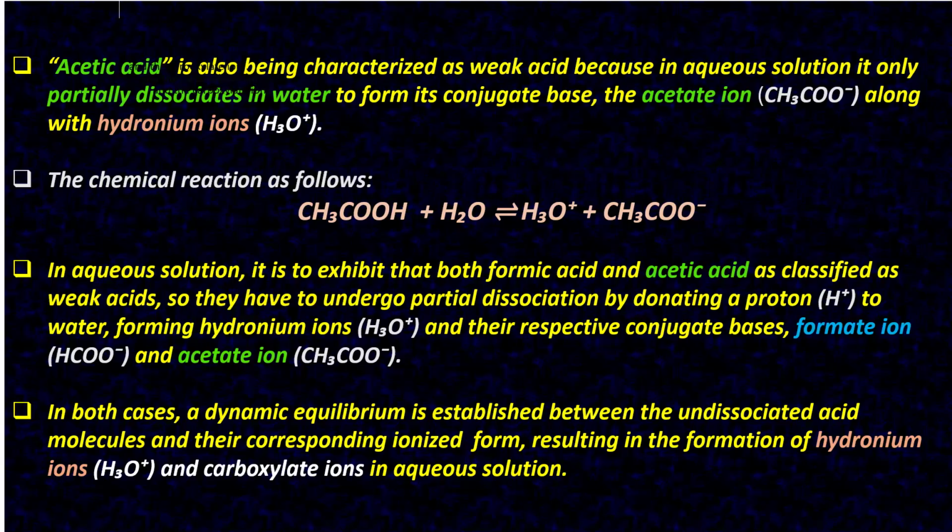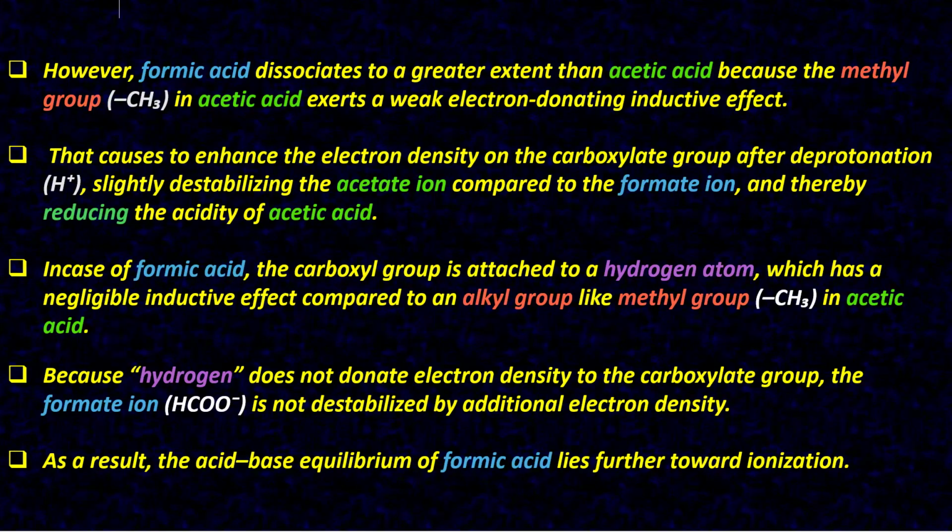However, formic acid dissociates to a greater extent than acetic acid because the methyl group CH3 in acetic acid exerts a weak electron donating inductive effect that enhances the electron density on the carboxylate group after deprotonation, slightly destabilizing the acetate ion compared to the formate ion and thereby reducing the acidity of acetic acid.